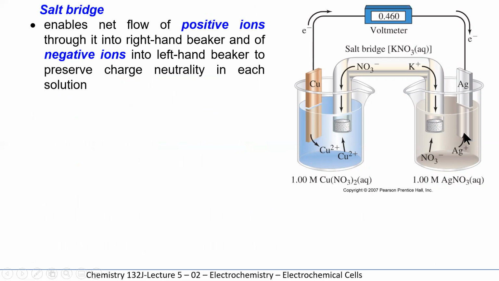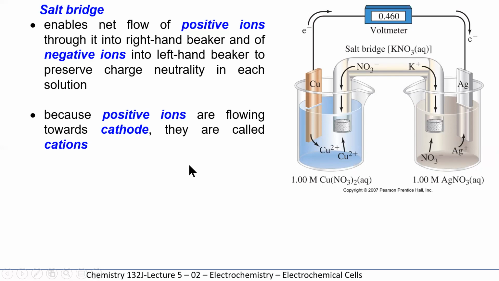With silver ions being consumed, the silver ions are leaving the solution. They have to be replaced. So the positive ions in the salt bridge, potassium nitrate, will migrate in, and of course the copper ions will migrate in to take the place of the potassium. So what you're going to get is a constant flow of the copper ions in this direction.